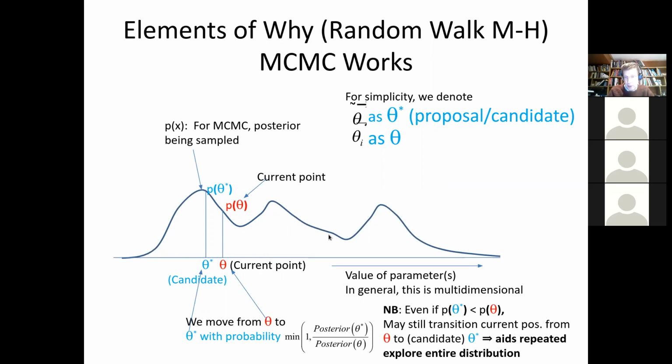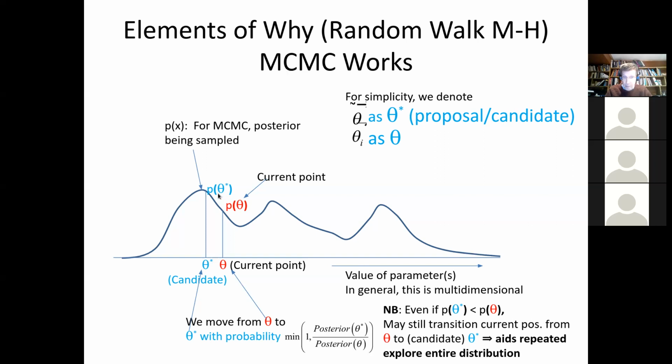Maybe the chance of going down here is about half of that, but half the time, if we're up here and we draw this value, we'll go down here. And maybe then we'd have a chance of finding this peak. So we'll transition around in this stochastic way. We'll tend to spend more time on these peaks, but eventually we'll get around to exploring the distribution.